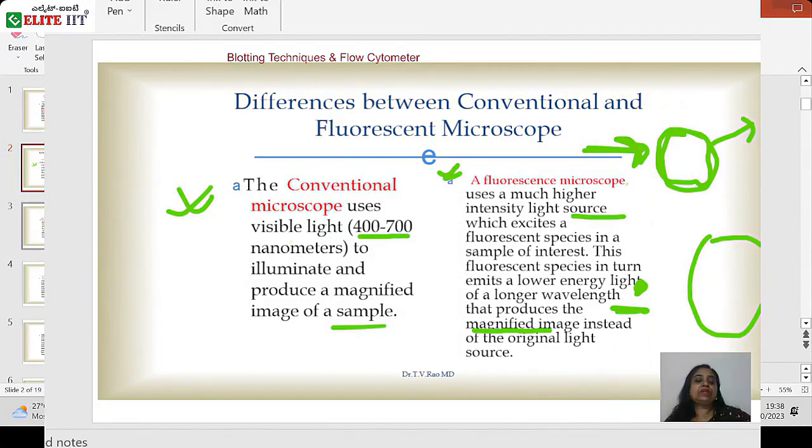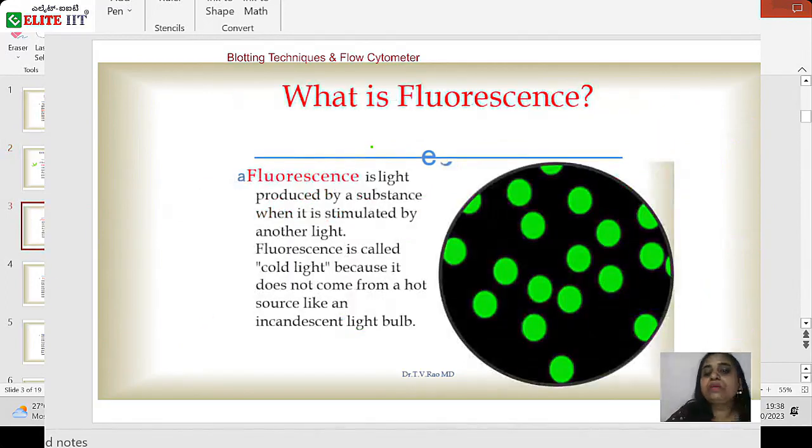Okay. Now, what is fluorescence? Fluorescence is light produced by a substance when it is stimulated by another light. So this is happening now. The source of light is different, the emission light is different. So the fluorescent compound will give you emission light of a different wavelength.